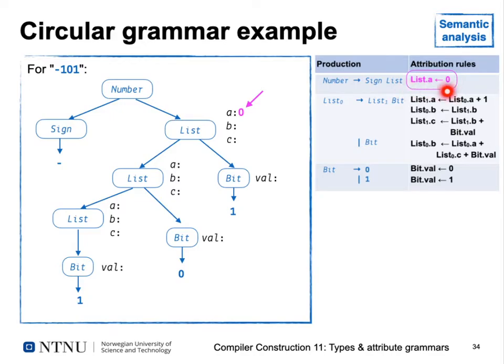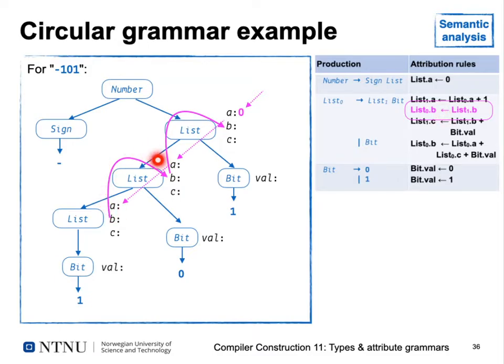So we start and we choose the first attribution rule when we go down a list here and set list attribute A to 0. Then we continue to dig down the list. So we set list 1.A to list 0.A plus 1. So we go down here. Then we inherit the element the other way around.